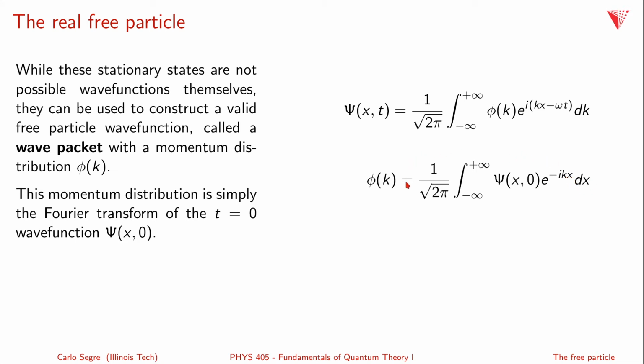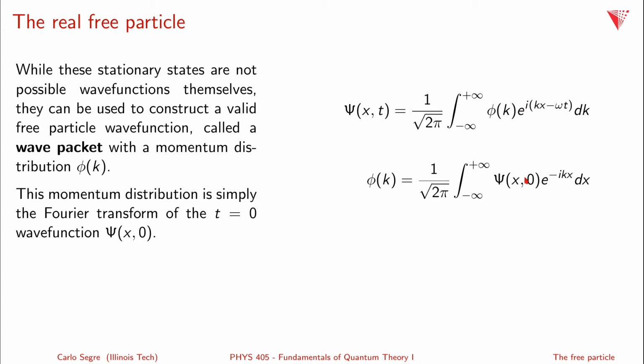So this is a Fourier transform of the time equals 0 wave function. The time-dependent wave function, which has the time built in here, is a superposition that has the momentum distribution given by the Fourier transform of the time equals 0 wave packet.